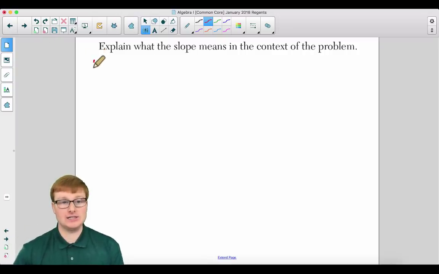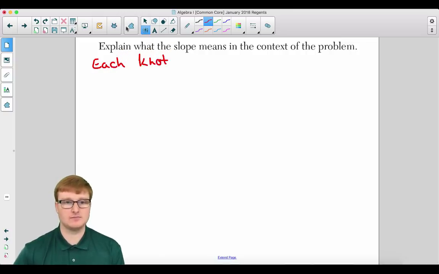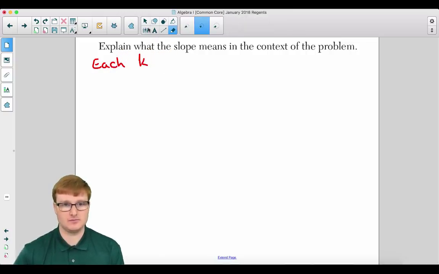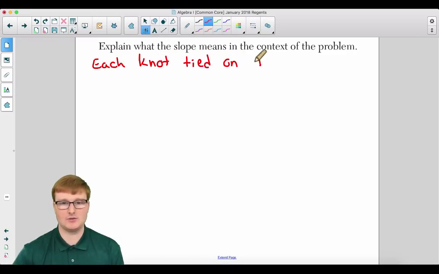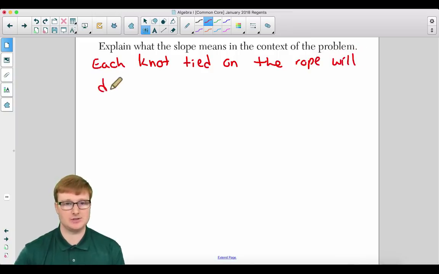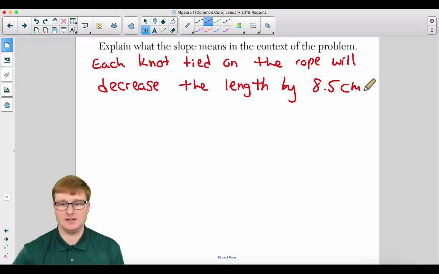So, what you're going to say is this: each knot tied on the rope will decrease the length by 8.5 centimeters.